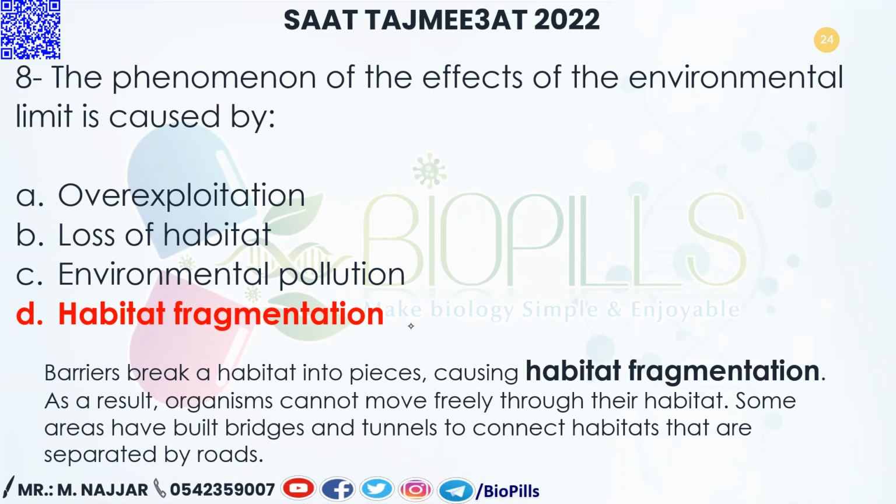But the government, in order to overcome this, makes a camel crossing. The camel crossing is known as a habitat corridor, in order to rejoin the camels with their habitat. That's very important.